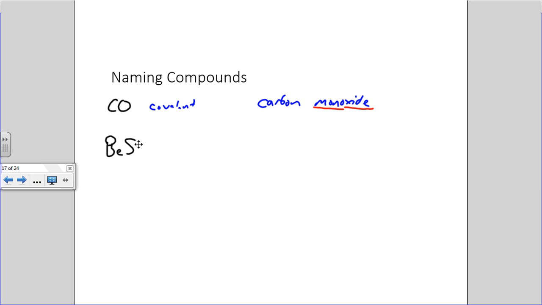That is a nonmetal. A metal and a nonmetal means this is ionic. So if it's ionic, you just say the first one. So Be is beryllium. And then S becomes sulfide because it's sulfur. Sulfur gets changed to sulfide.